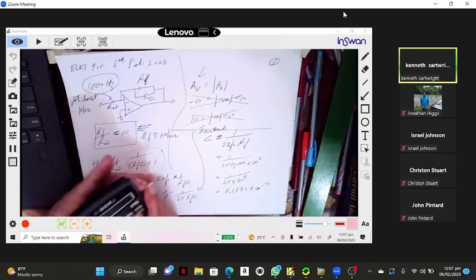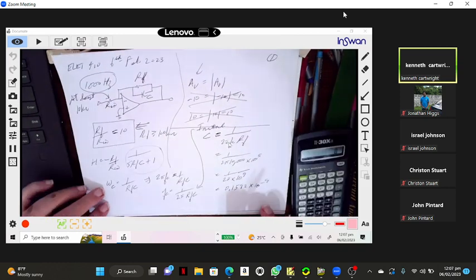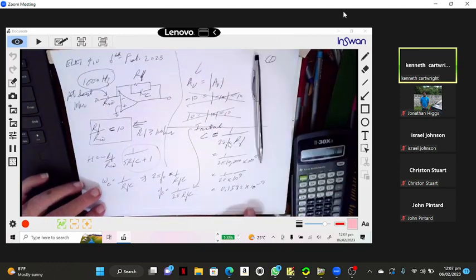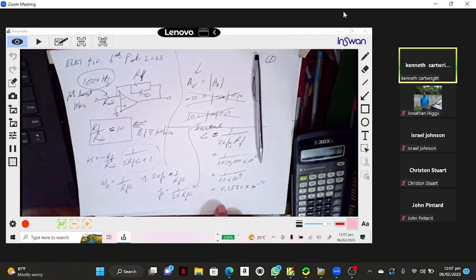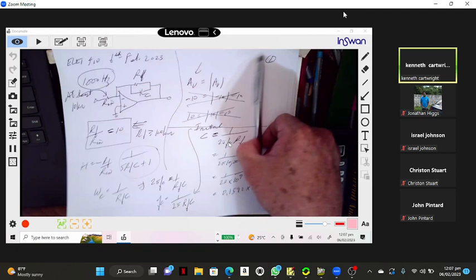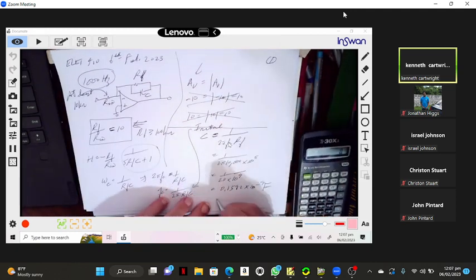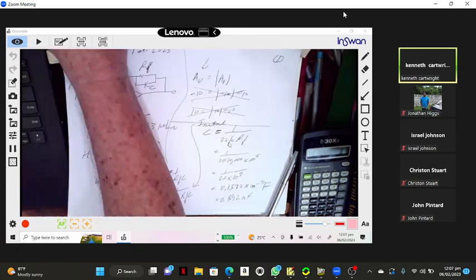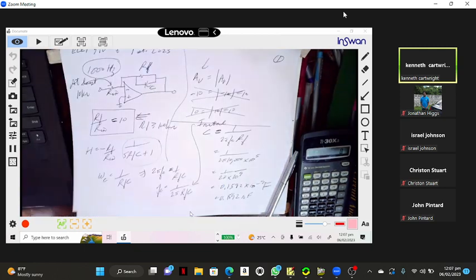Okay. Now, what capacitor is close to 0.1592 nano, this would be farad, 0.1592 nanofarad? What capacitor value is close to that? Well, we need a list of capacitors.